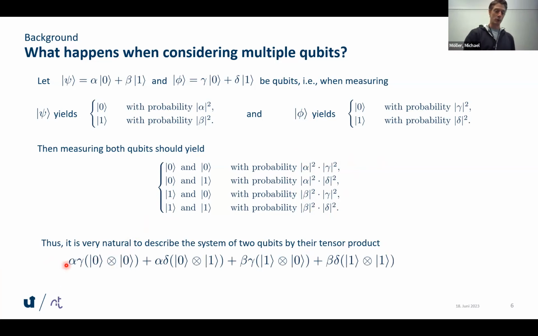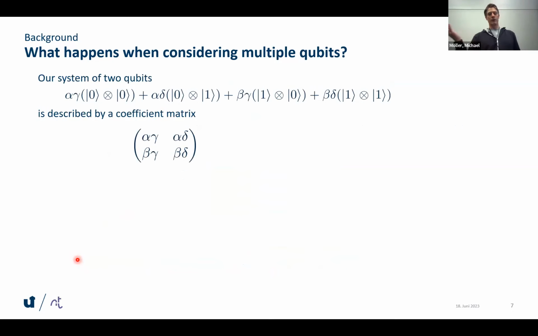So it would be alpha gamma times 0, 0, alpha delta times 0, 1, and so on. Okay, because then this property is preserved that you measure the state in this basis with the probability of the coefficient squared. Yeah? Very good.